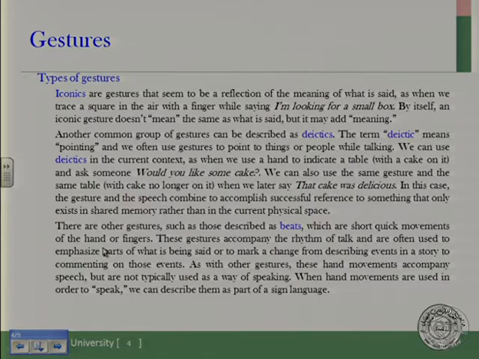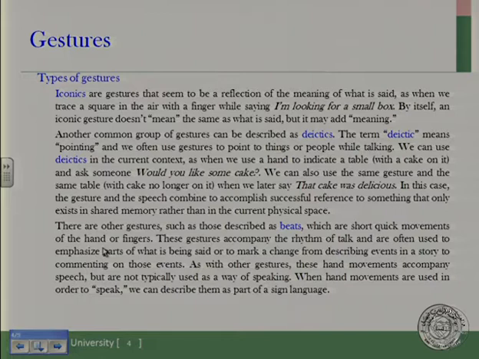As when we trace a square in the air with the finger while saying, I'm looking for a small box. So the first kind of gesture is called iconics. It is like reflecting the meaning of what we said. For example, when I'm trying to say I'm looking for a small box, I may draw a square in the air by doing like this.